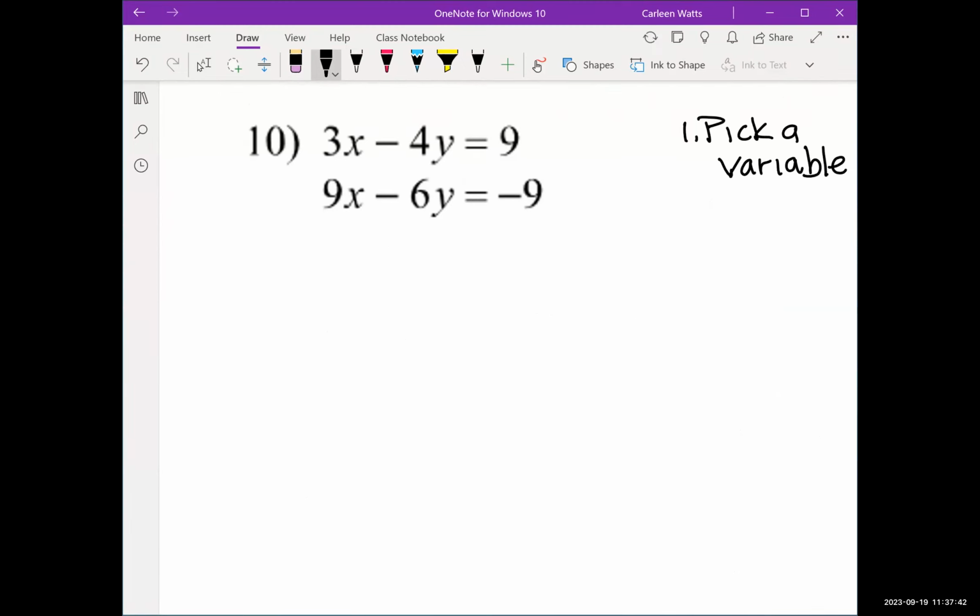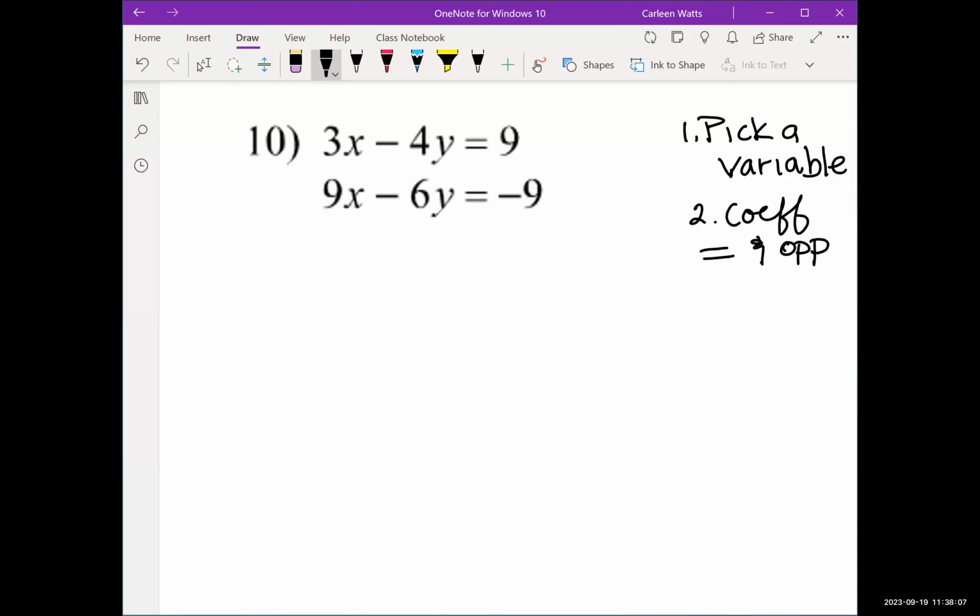One of those variables, we're going to multiply to make it match. We may multiply one equation or we may multiply both. I want the coefficients to be the same but opposite sign. Okay, so step 1, pick a variable.